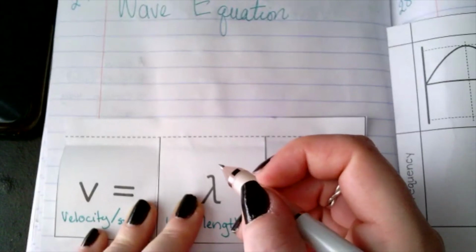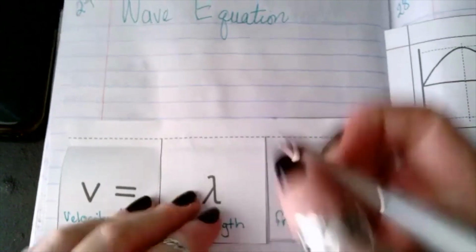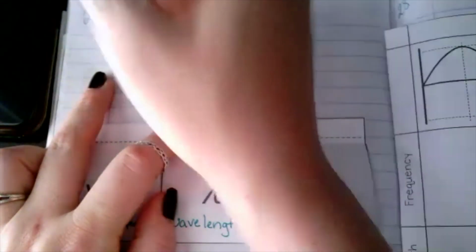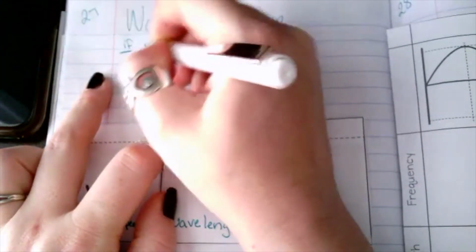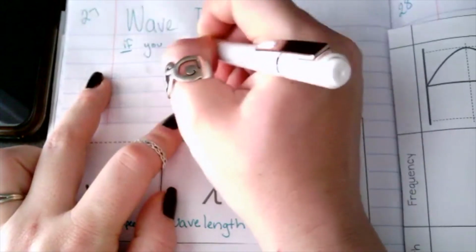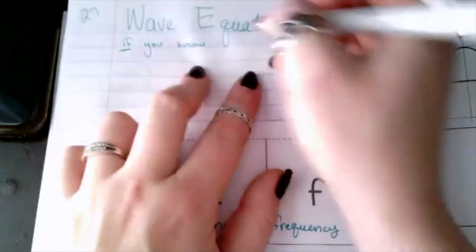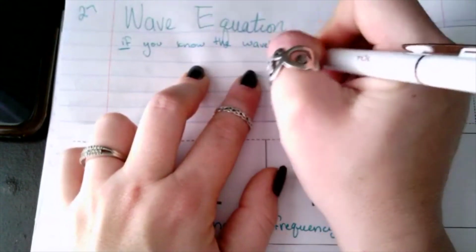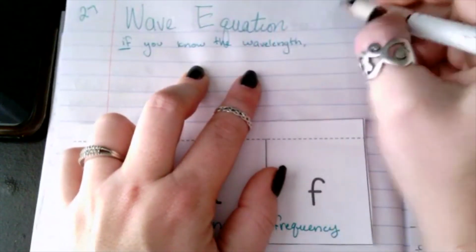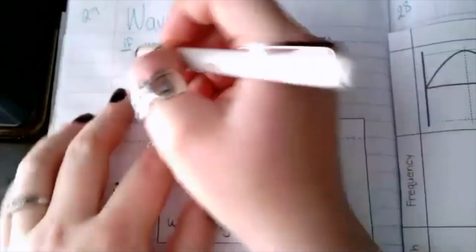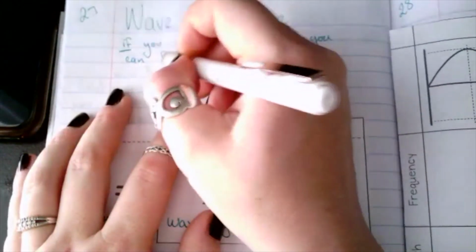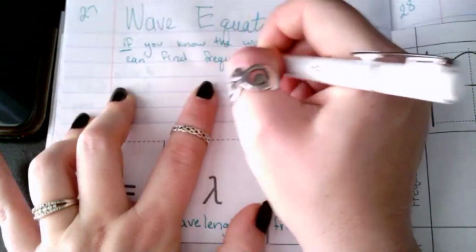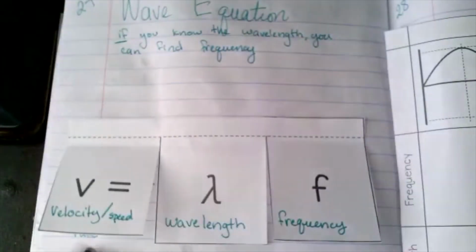If you know the wavelength, you can find frequency because velocity stays the same.